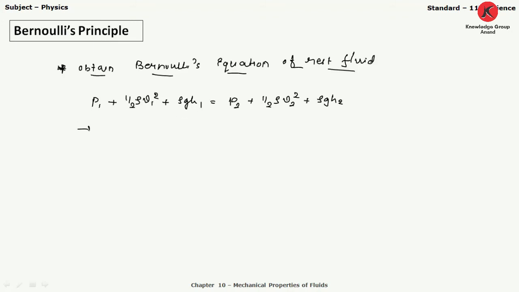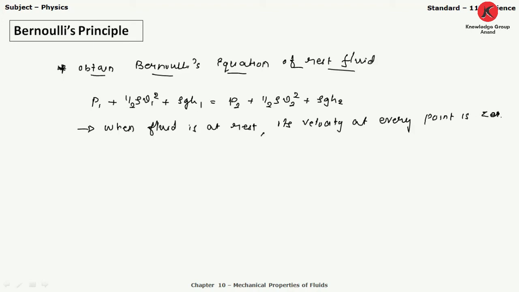And if we want to derive the same equation for rest fluid, then when the fluid is at rest, what will happen? Its velocity at every point is 0. Keep in mind, if the fluid is at rest, obviously the velocity at every point is 0.